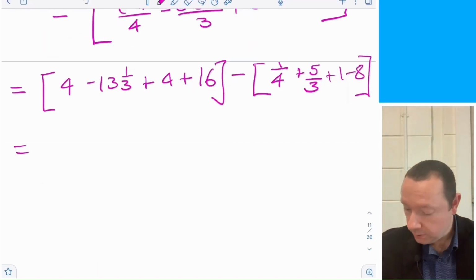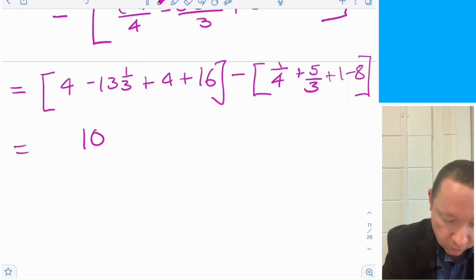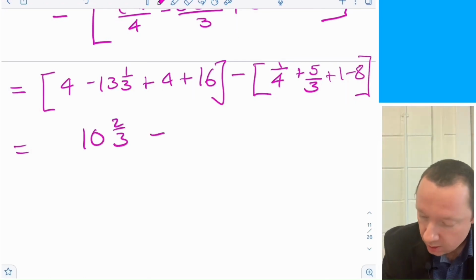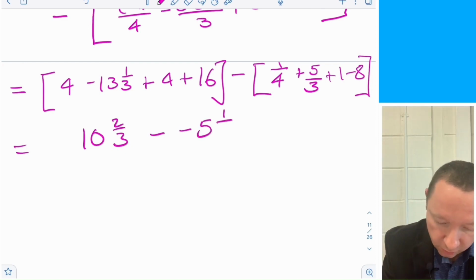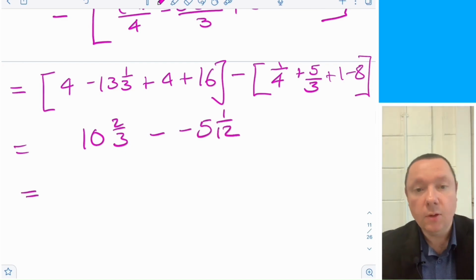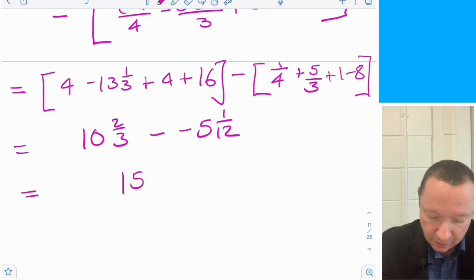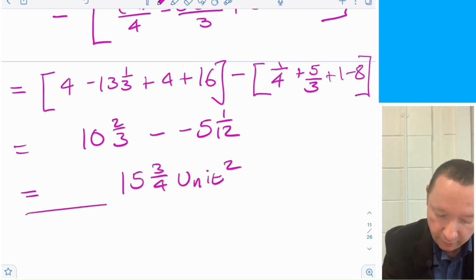So for the first bracket, we would get 10 and 2 thirds minus the second bracket, which is minus 5 and a 12. So adding them together, you would get 15 and 3/4 units squared as our area.